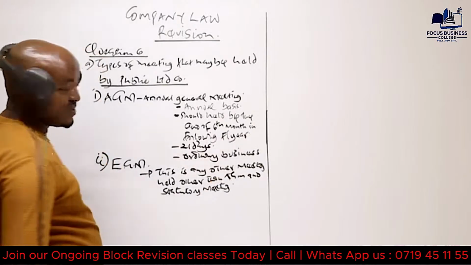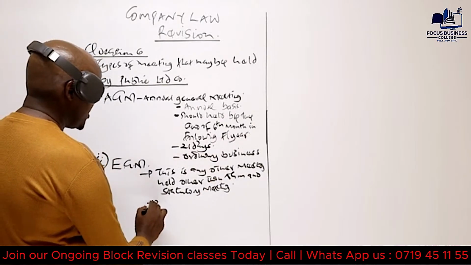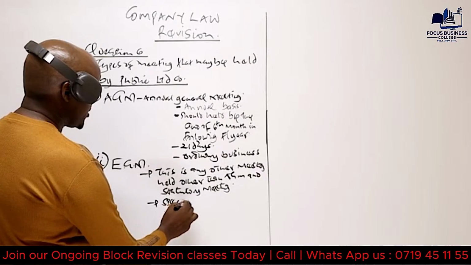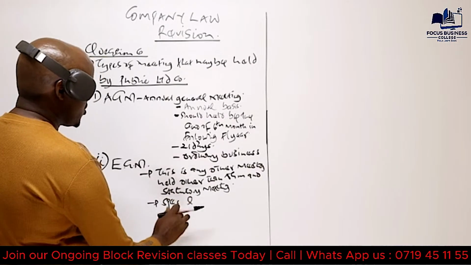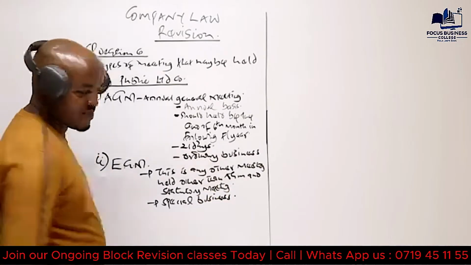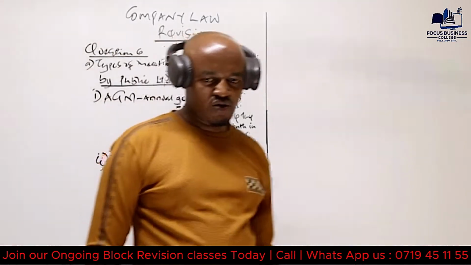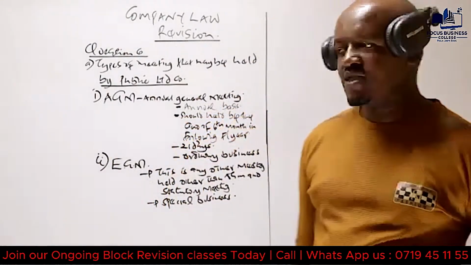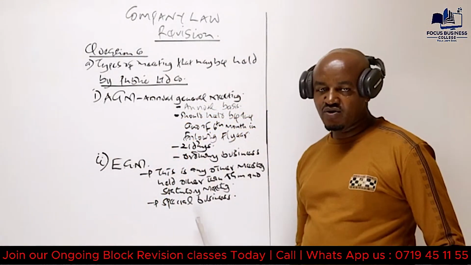This meeting is convened to transact what is called special business. When we talk about special business, we are referring to those businesses which cannot be transacted during the AGM.